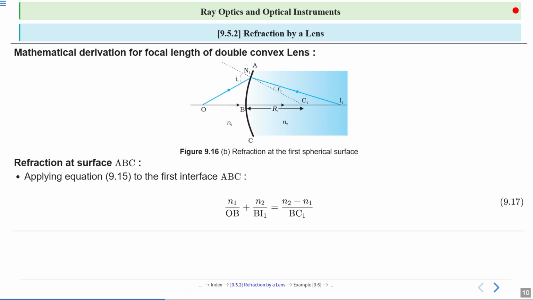That is the equation we discussed as equation 9.15 in yesterday's class.